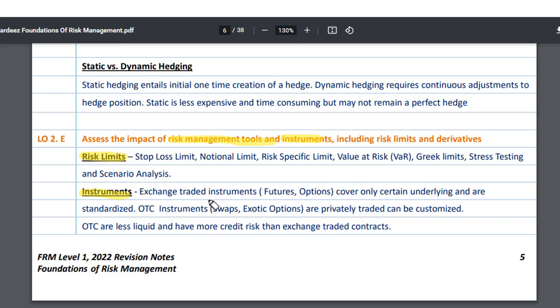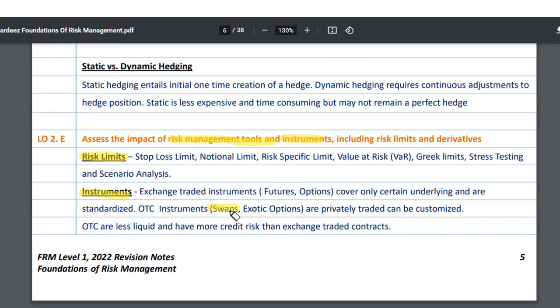When we are implementing a hedging program, we really have to decide whether the hedging program is cost effective and what product we should use to hedge our positions.